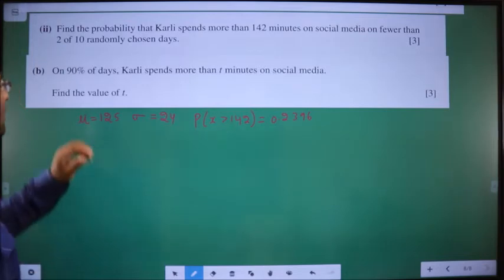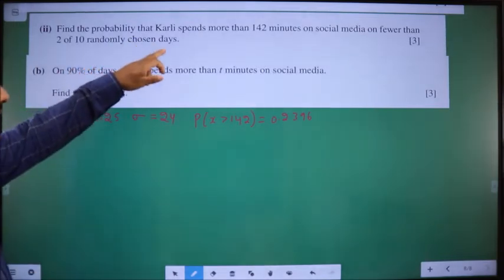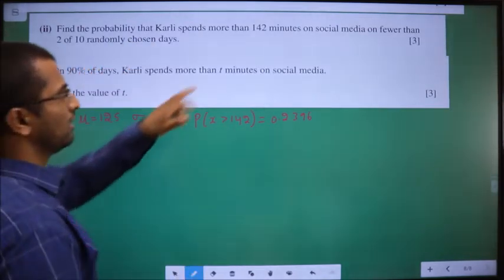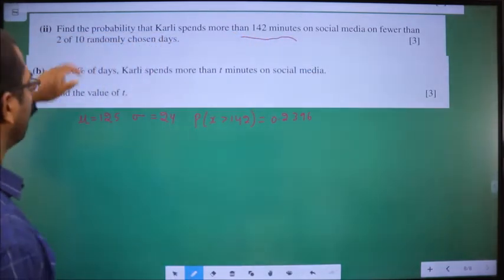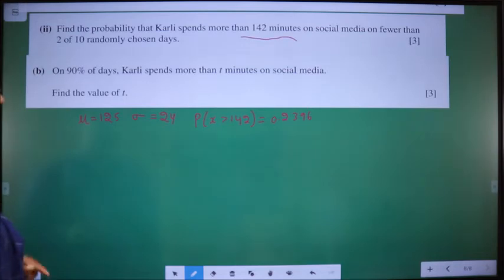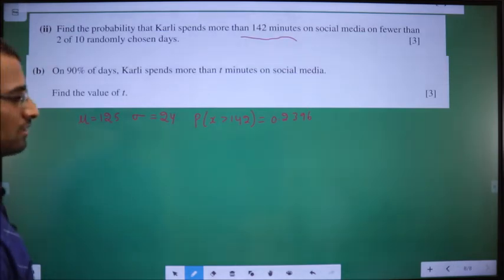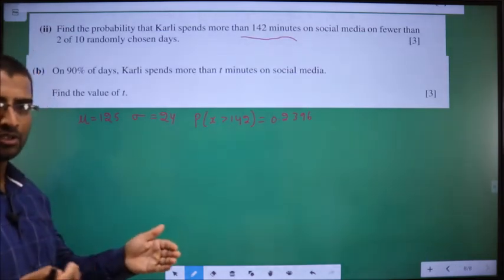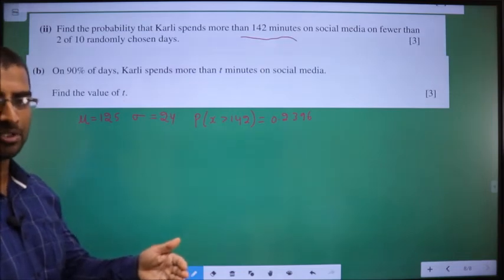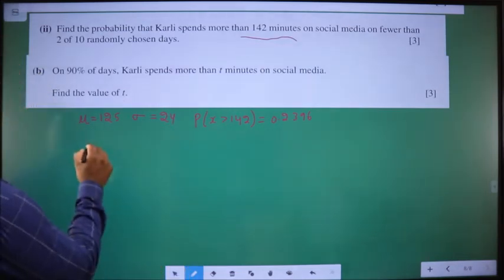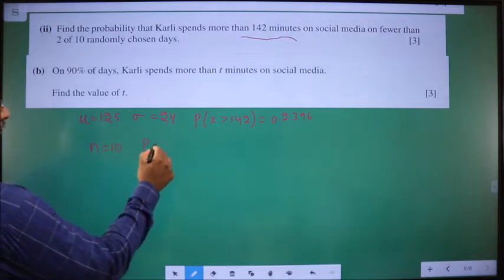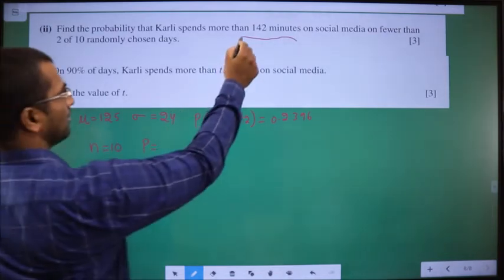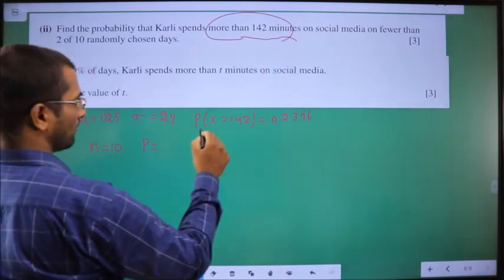Second bit. Find the probability that Carly spends more than 142 minutes on social media on fewer than 2 of 10 randomly chosen days. I need to go here with binomial distribution. N is 10. What probability do I need to take? He said more than 142.